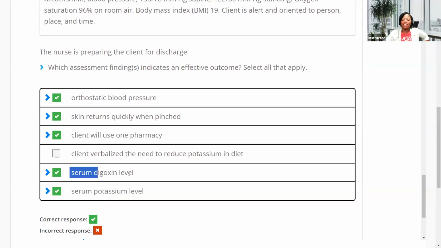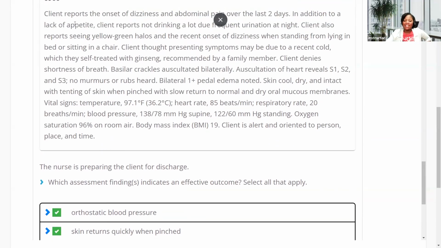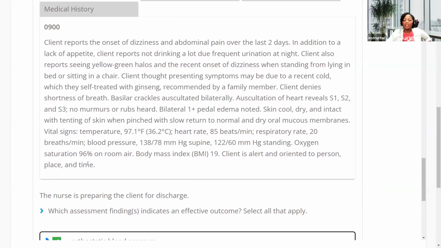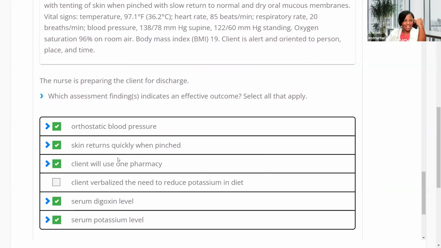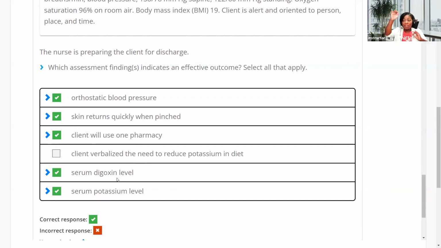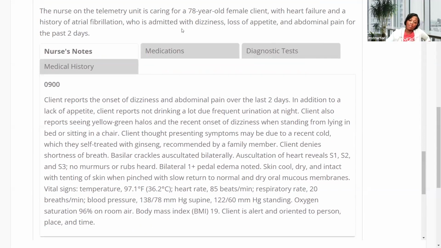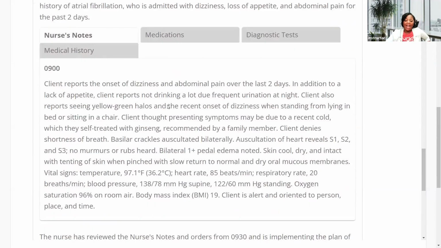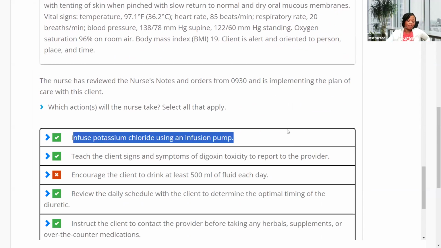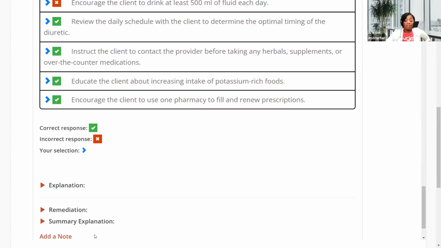And they wanted us not only to think about the digoxin level and the potassium levels that were not great, but based on the assessment of our patient now reporting no dizziness, nausea, vomiting, no longer having the halos or vision changes, that's indicative that her digoxin levels have stabilized, which if the digoxin stabilizes, typically potassium will too, especially since we were already giving her potassium. She's getting the potassium. Okay, so overall, it was great.